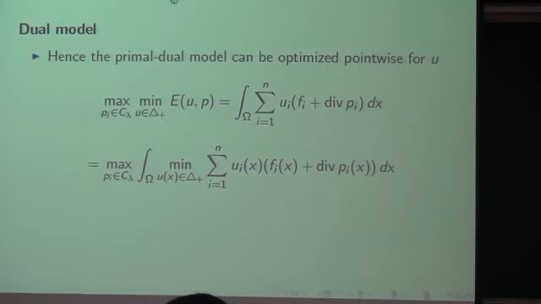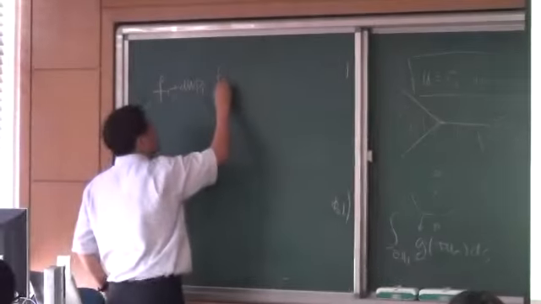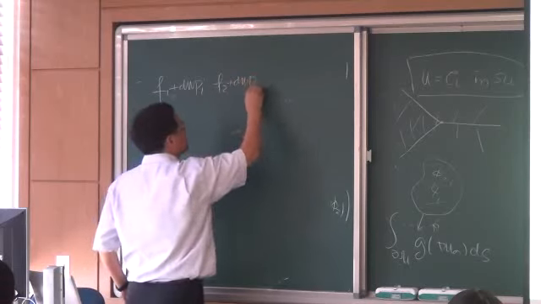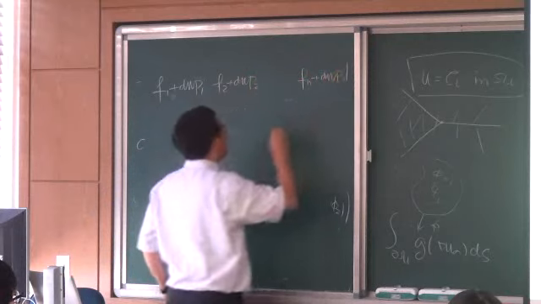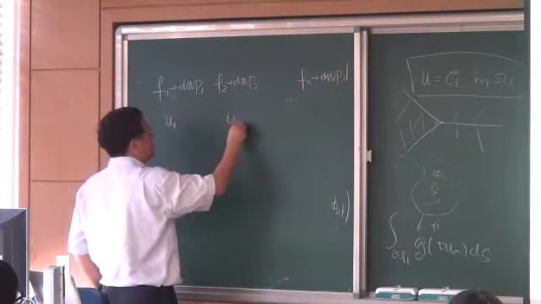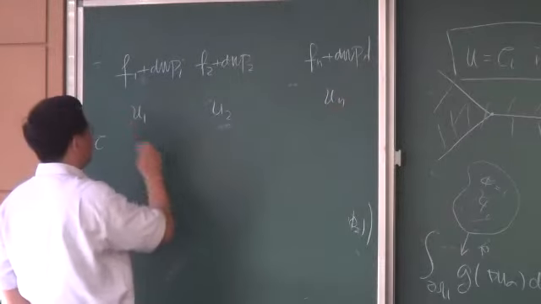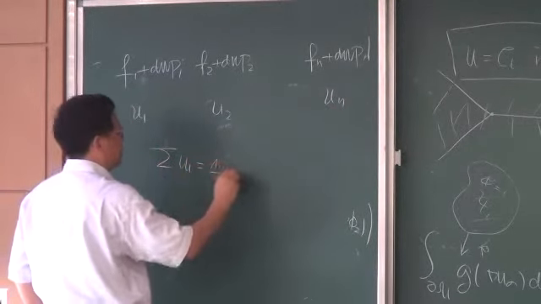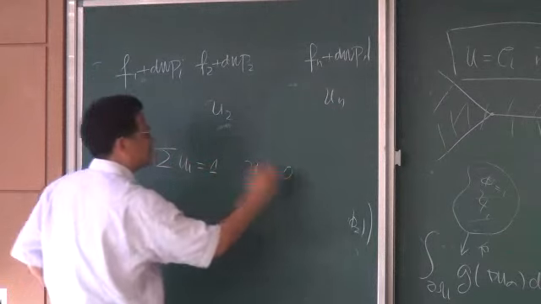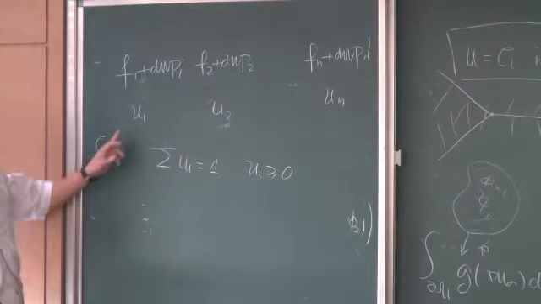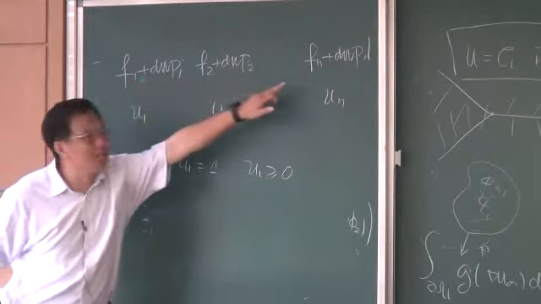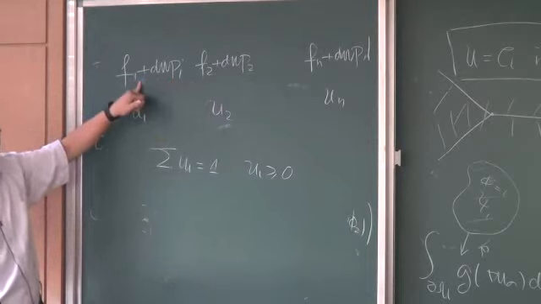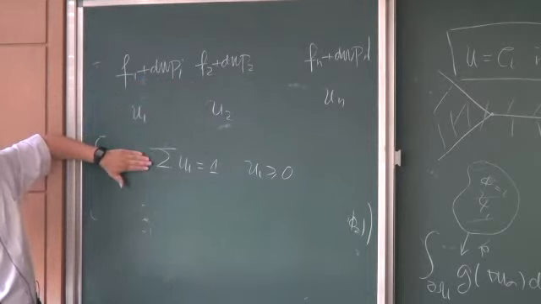Essentially, you have F1 plus divergence P1, F2 plus divergence P2, up to Fn plus divergence Pn, and then you multiply these by U1, U2, Un. However, this must sum to 1, and each one should be bigger than or equal to 0. Assuming this one is the smallest among the n numbers here, you minimize with this U_i.